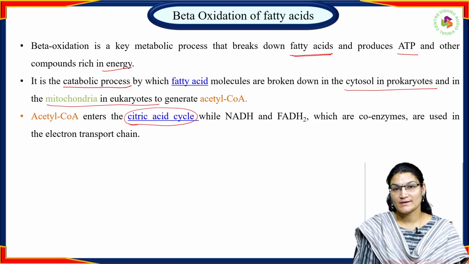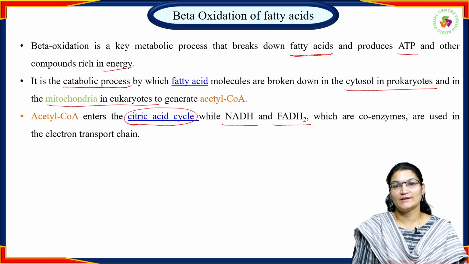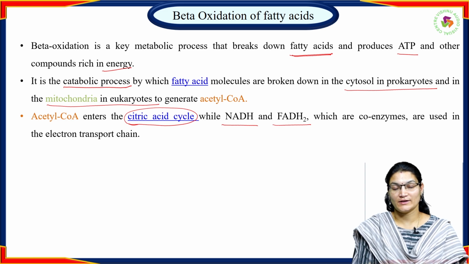Along with the acetyl coenzyme A, this beta oxidation process also produces NADH and FADH2. NADH is nicotinamide adenine dinucleotide, and FAD is flavin adenine dinucleotide. These 2 coenzymes are utilized in the majority of electron transport chains.